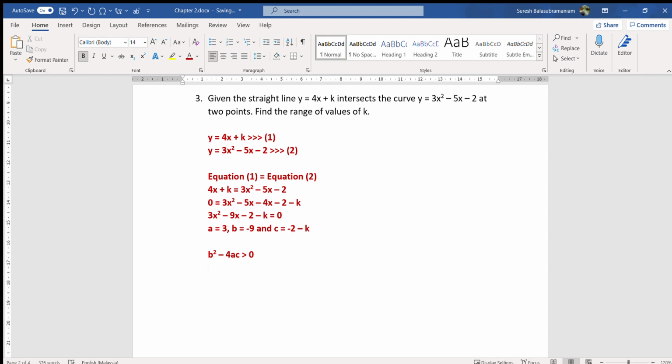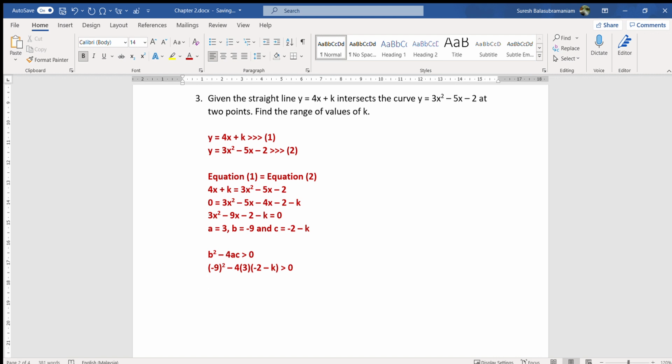So we replace the values. B is -9, so -9 squared minus 4, a is 3, c is -2 minus k, more than 0.